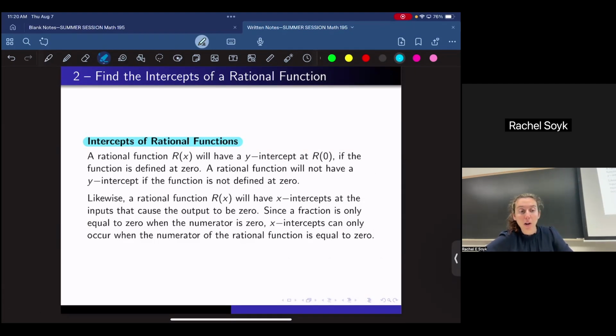If you're dealing with quadratic functions, you use your quadratic formula. If factoring isn't an option, you might need to use synthetic division if you're dealing with cubic or quartic or higher degree polynomials. And then y-intercepts are very straightforward. Wherever you see an x, plug in a 0, and then figure out what's left over.